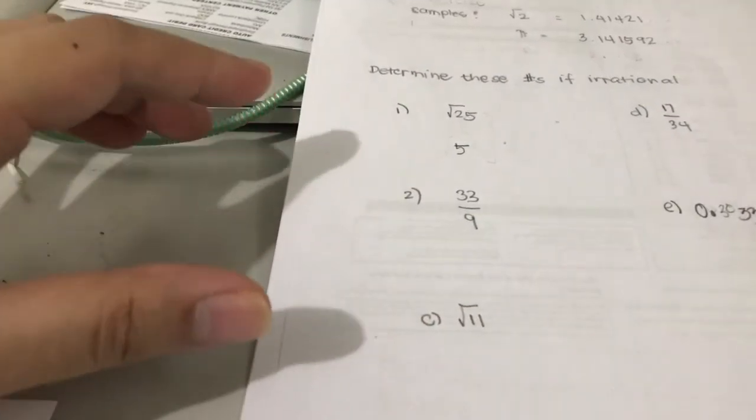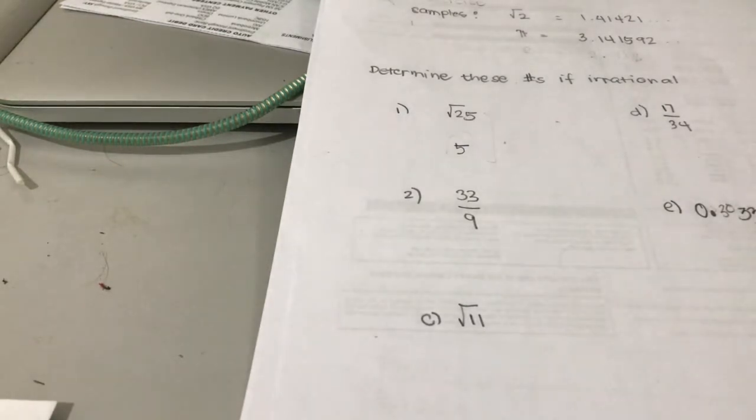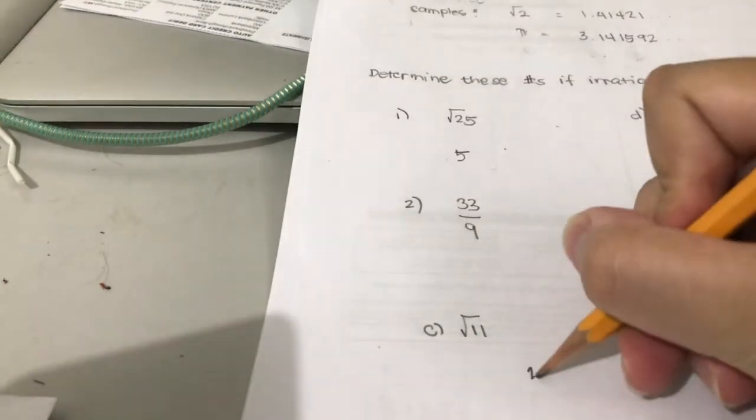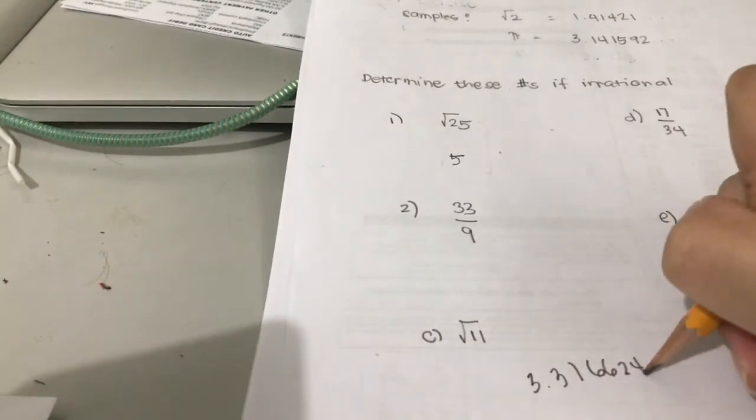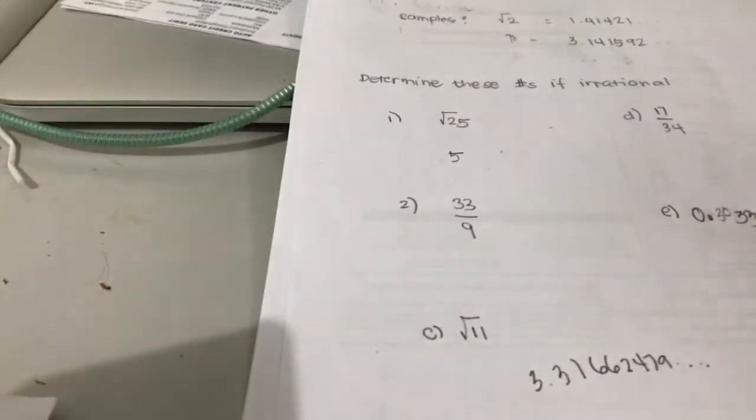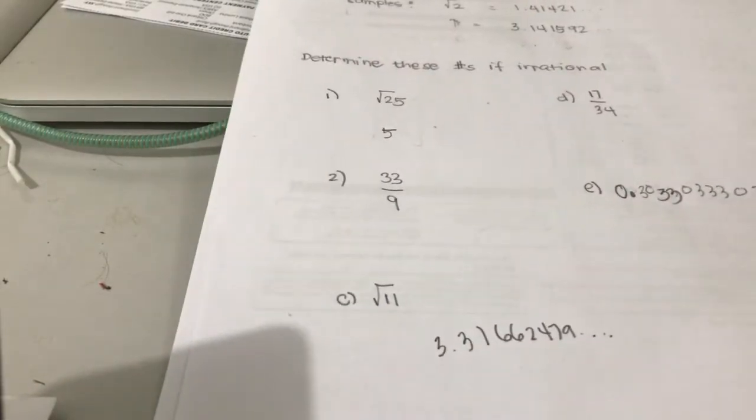The square root of 11 doesn't have a perfect square. If we compute it in our calculator, it would be approximately 3.31662479 and so on. So it's an irrational number.